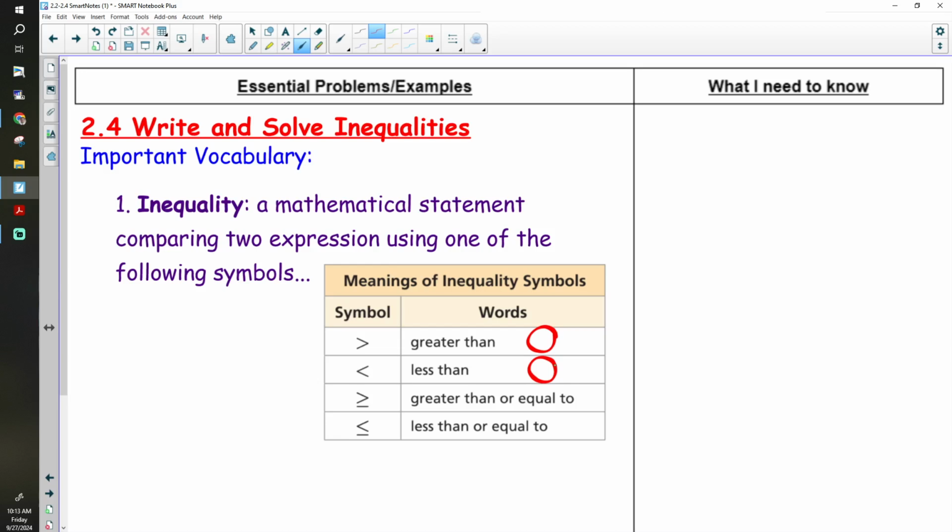When we are plotting greater than or equal to or less than or equal to with a little line underneath, we will use a closed circle. Open circle or closed circle when we graph, it all depends on what the inequality sign is. If it has the line underneath, fill in the circle. If not, keep it open.